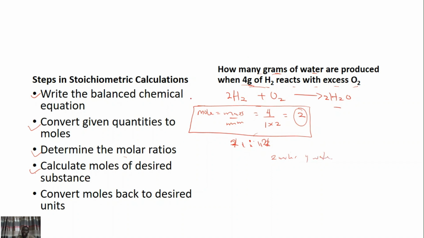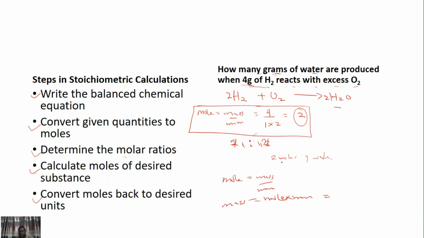Now, the next step is to convert moles back to the desired units. Our desired unit here is gram, which is the mass. That's what they ask us to calculate, but we have mole here. So, to get the mass of water, we use the same formula, mole is equal to mass over molar mass. So the mass is equal to mole times molar mass.